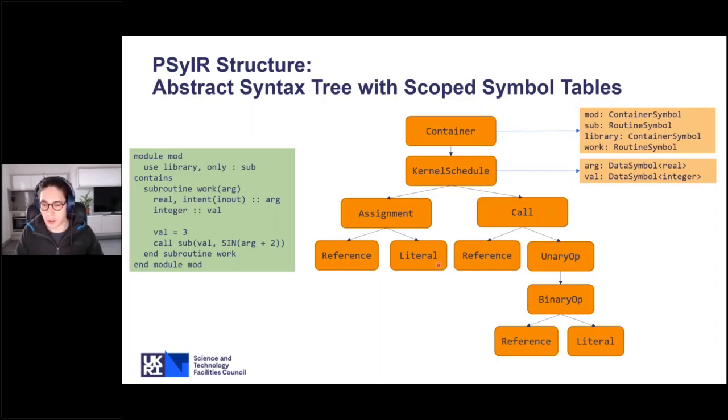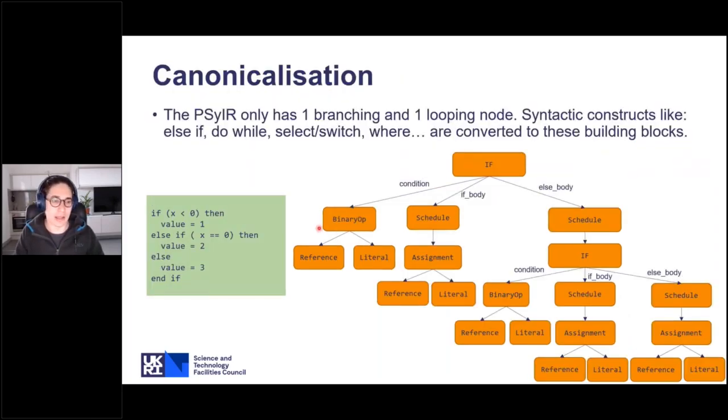So that example hopefully looks very easy, but unfortunately that's not always the case, and that's because programming languages are thought to be easy to read and write for programmers. So they are very compact and they use syntactic constructs to make things very easy to read and write for humans. But the ASTs are not.